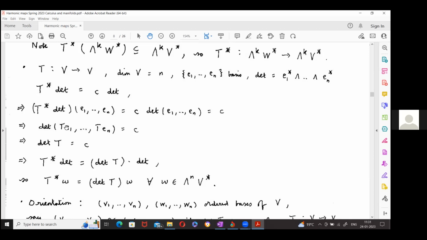And this determinant is just the determinant of the matrix of the linear map T with respect to the basis E1 to En, right? So that means that c is equal to the determinant of T. Is that clear? Okay.